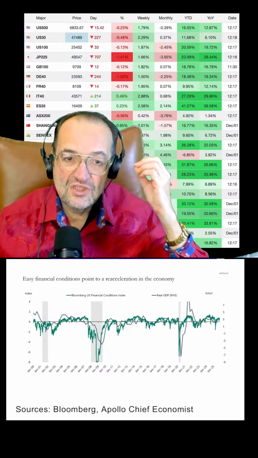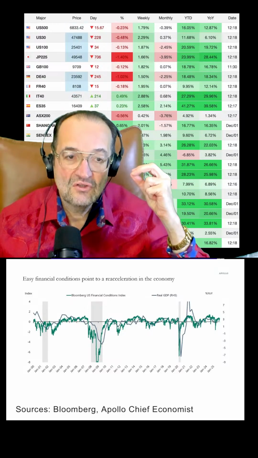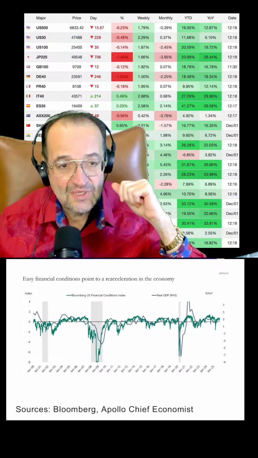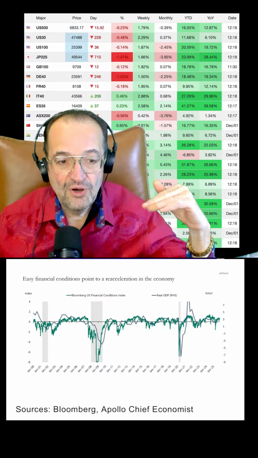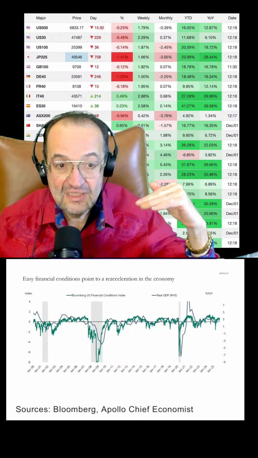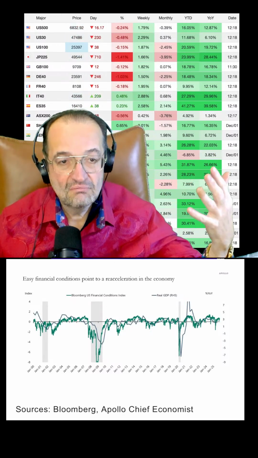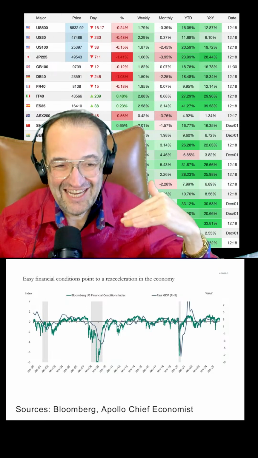It shows year over year on the right-hand axis. The financial condition index is centered around zero. So above zero, easier conditions, low interest rates, good equity prices. Below zero, we have tighter conditions.